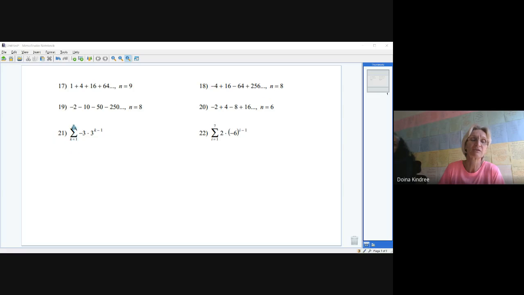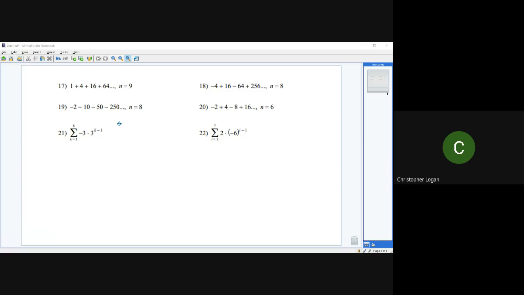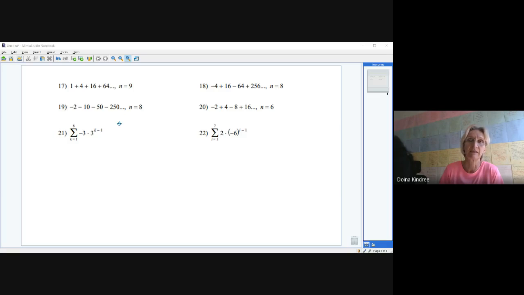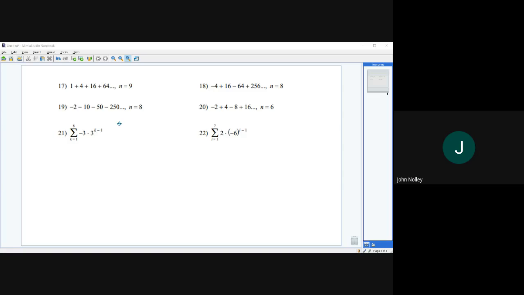The summation notation, this sigma symbol, k equals 1 to 8, k equals 1 to 7. So is it a finite geometric series or an infinite geometric series? Are there two different formulas for finite and infinite? Exactly. So what are we dealing with here? Finite or infinite? Infinite.